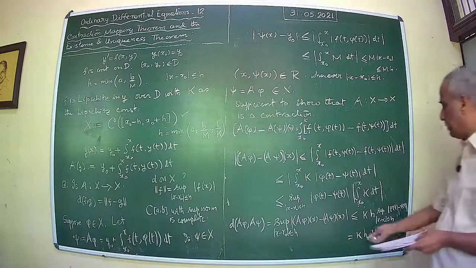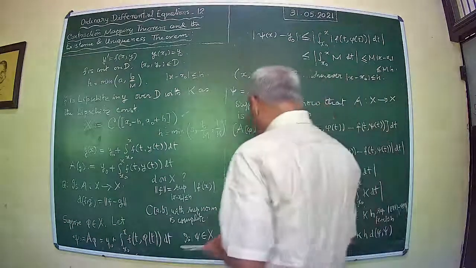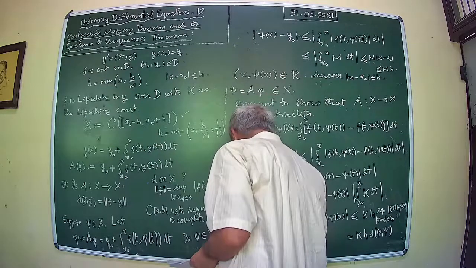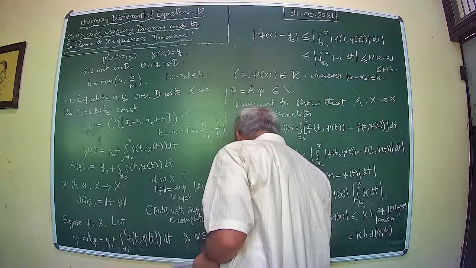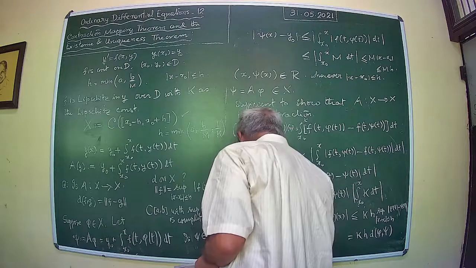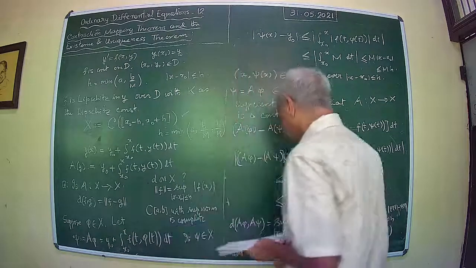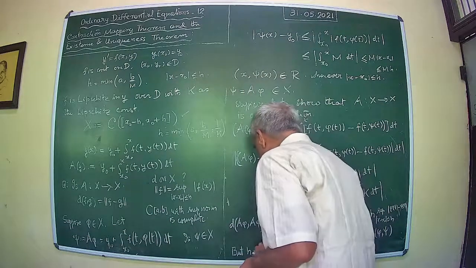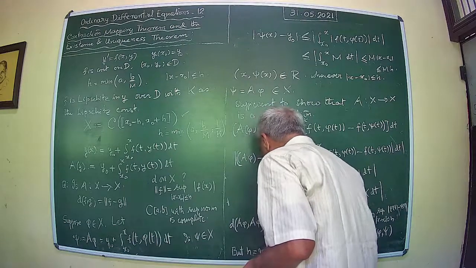Now how have we chosen h? h is less than or equal to the minimum of the given quantities.